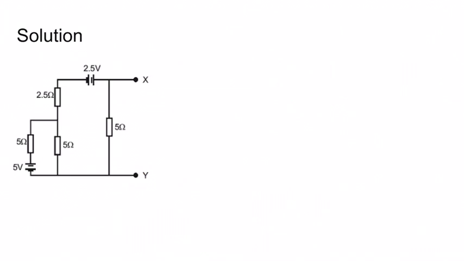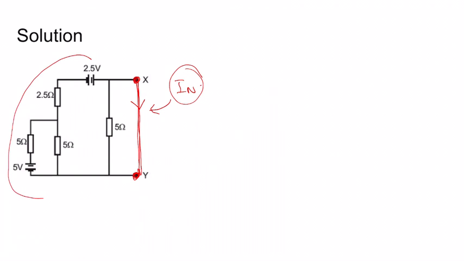Now with this useful information, we try to find the IN value across these two nodes for which Norton's theorem was implemented. I Norton is found by shorting the two nodes. So this is I Norton.